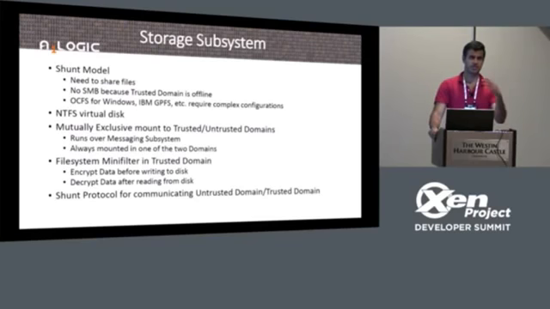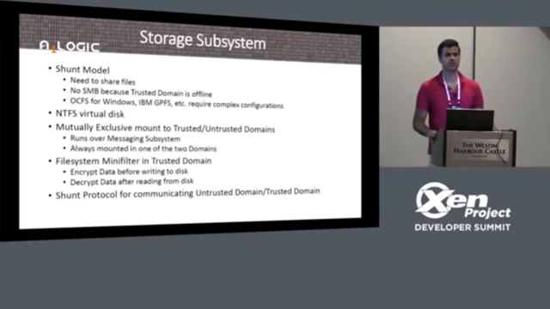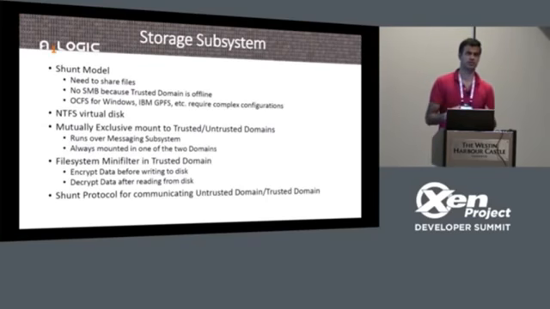The shunt disk is mutually exclusively mounted to either the trusted domain or the untrusted domain, and it's always mounted to one of the two. And we wrote a file system mini filter that will automatically encrypt any writes coming out of the trusted domain and automatically decrypt any reads coming into the trusted domain.